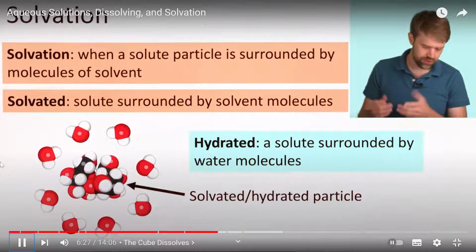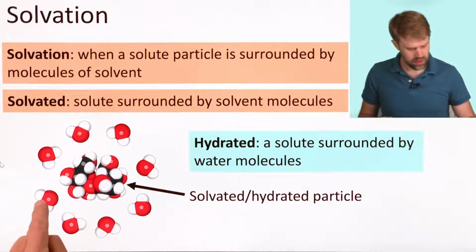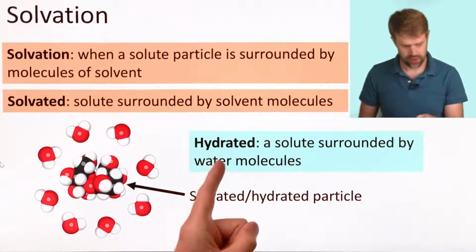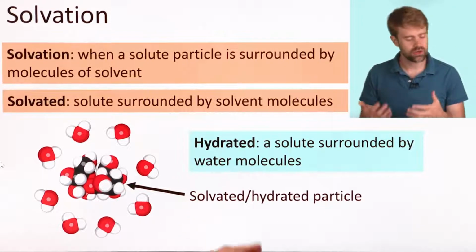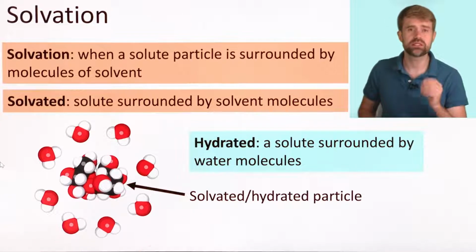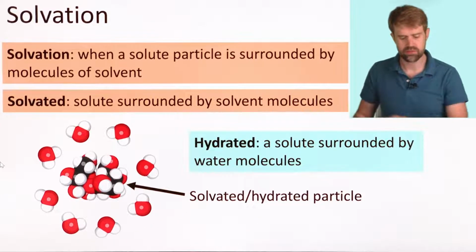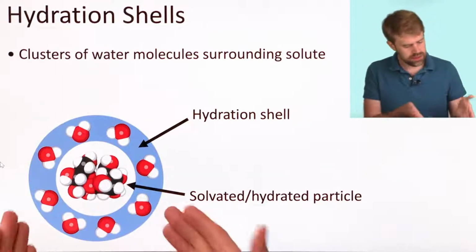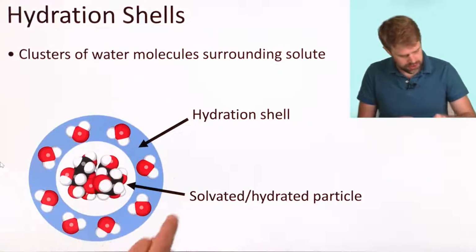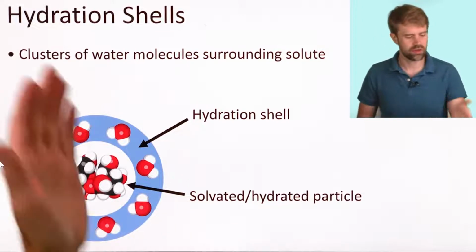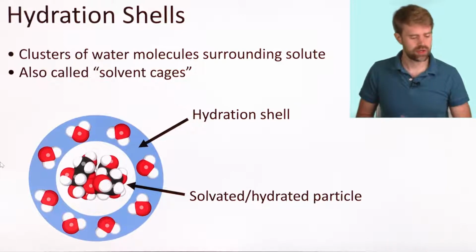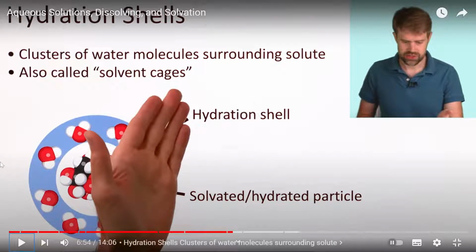Now, if the solvent is water, like it is here, you can be extra precise, and you can say these molecules are hydrated. When we say a solute particle is hydrated, it means the same thing as solvated, but we know the solvent is water. These little clusters of water molecules surrounding a solute particle are called hydration shells. You might also hear them referred to as solvent cages. Okay, so they're called hydration shells or solvent cages.